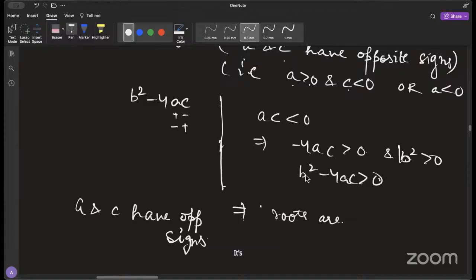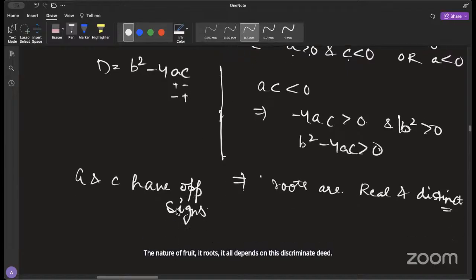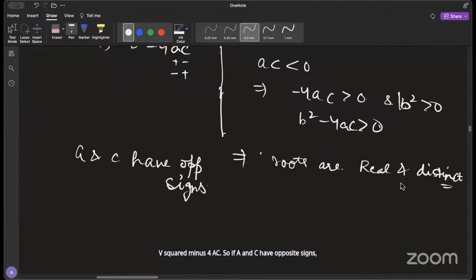It's quite possible that both of these are positive, right? So yeah, they are distinct and real. The nature of roots all depends on this discriminant b square minus 4ac. So if a and c have opposite signs, your roots are real and distinct.